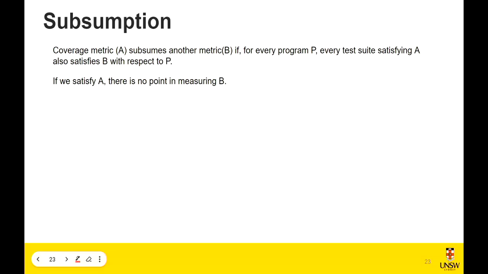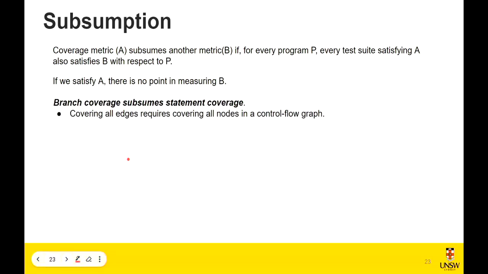So A subsumes B means that A includes B. So if we satisfy A, then we don't need to satisfy B anymore, because A is considered stronger here.